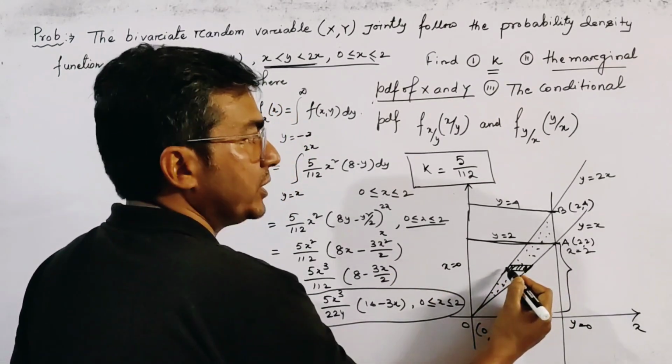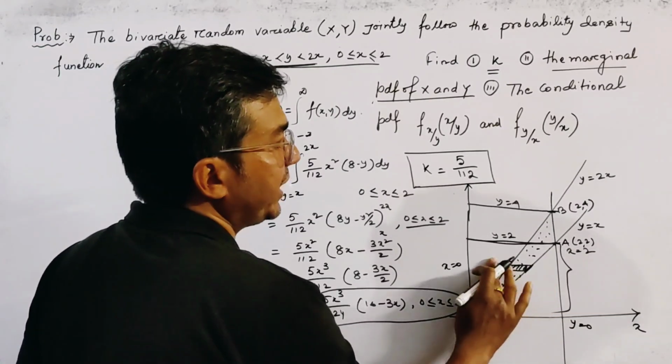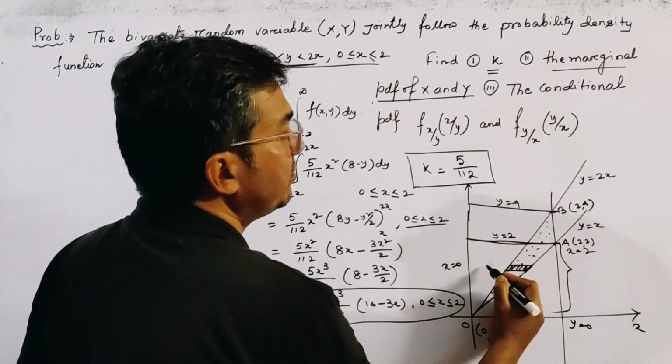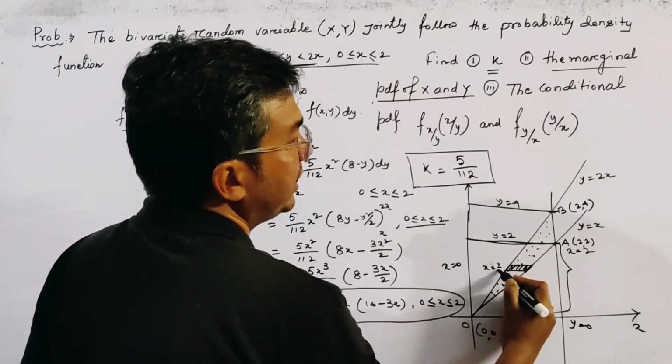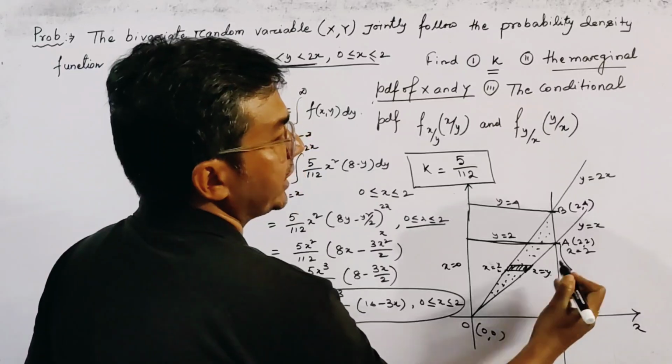So the range of x is given by x equal to y by 2 and here x equal to y.